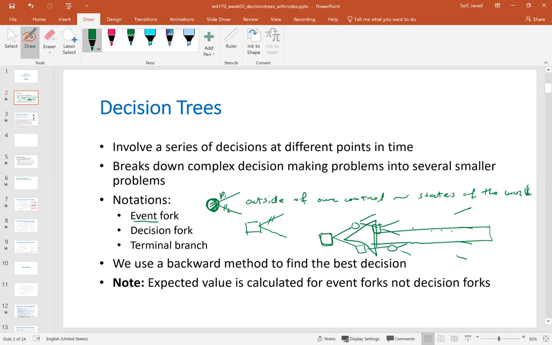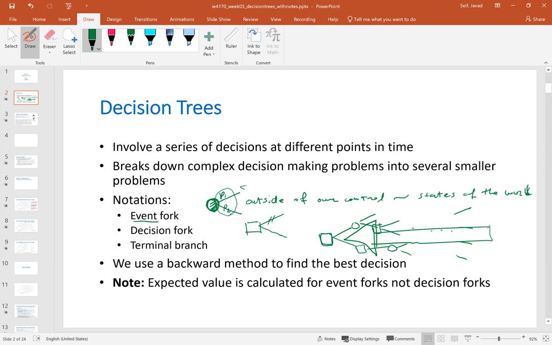Just note that I put the probabilities on event forks, not decision forks. Whenever in this backward method I'll be calculating a lot of expected values, I calculate expected values only on event forks, not on decision forks. Okay, just have that in mind.